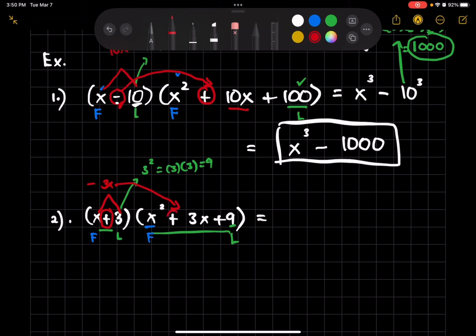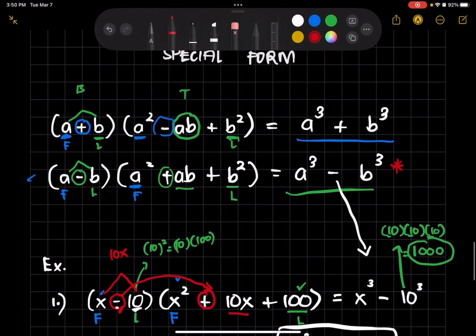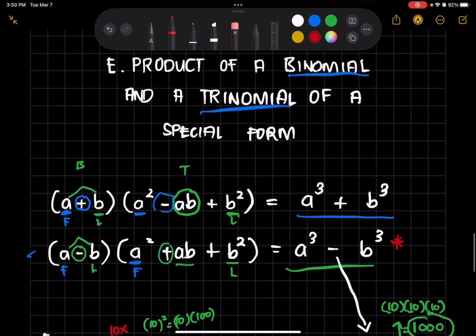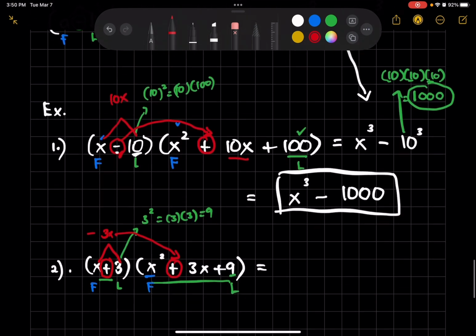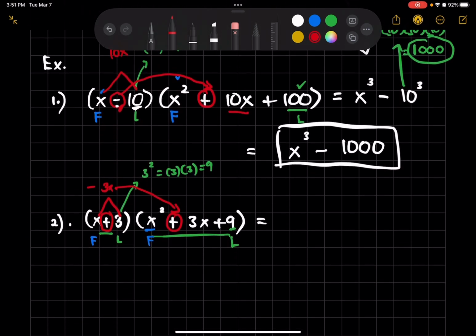So, the question now, can we apply this rule ng product of a binomial and a trinomial of a special form? Okay? So, hindi siya. Hindi natin na-meet yung isa sa mga characteristic niya na dapat opposite yung makukuha natin. Plus 3, kailangan it should be minus doon. So, since hindi na-meet yun, we cannot apply the rule.